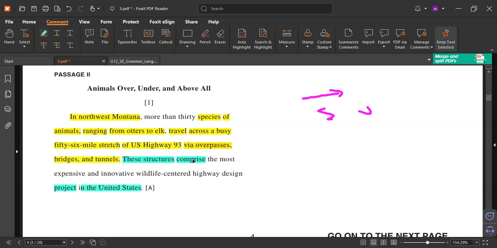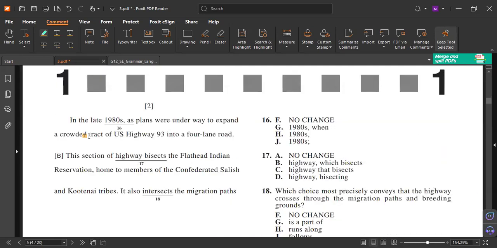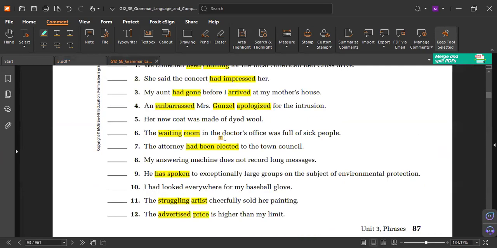So subject, verb, object, and then complements to complete the meaning. Comprise here is plural, and your subject is plural. How did you know this is plural? Yes or no? Yes.